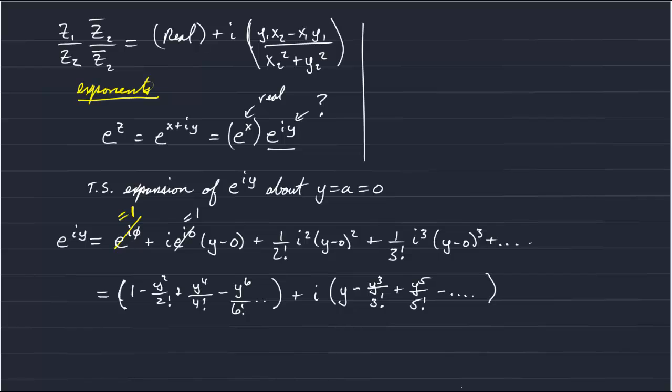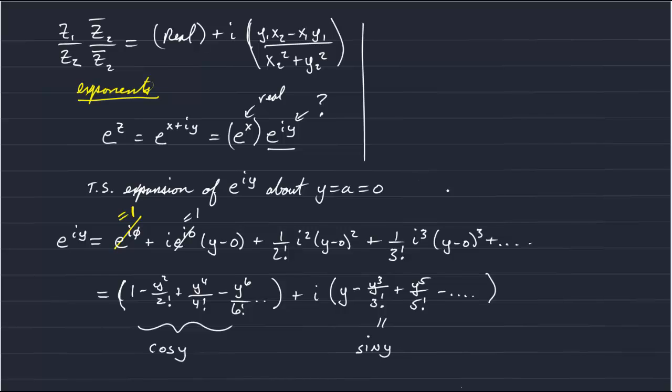And it turns out, if you looked at a table, you might recognize that the real part is the Taylor series expansion of cosine of y evaluated at 0. And the imaginary part is the Taylor series expansion for sine of y evaluated at 0.